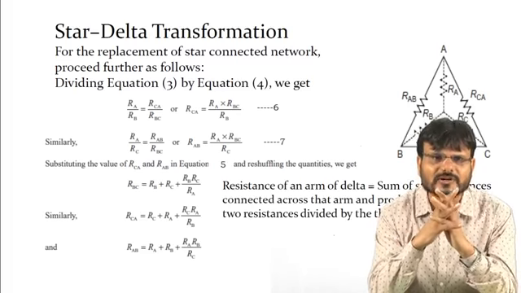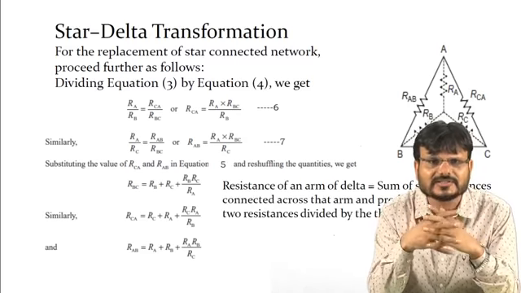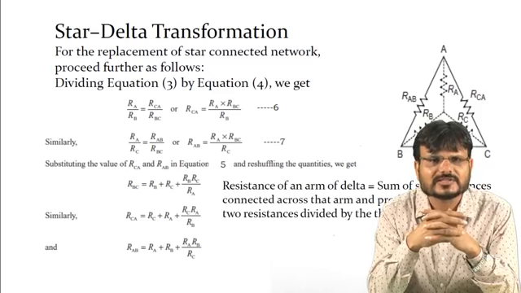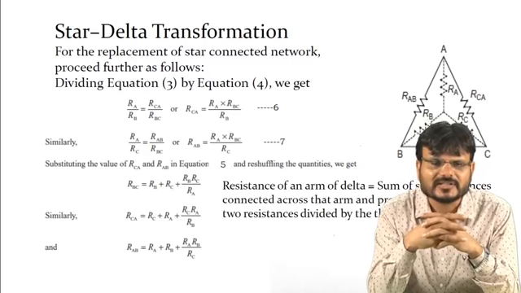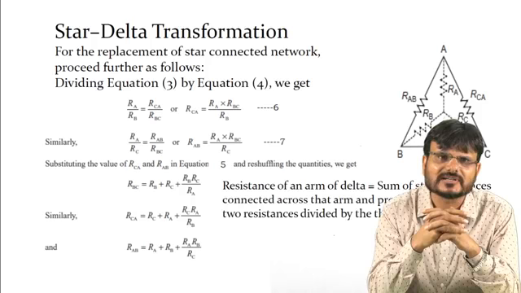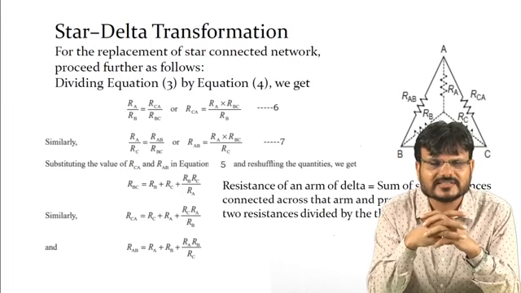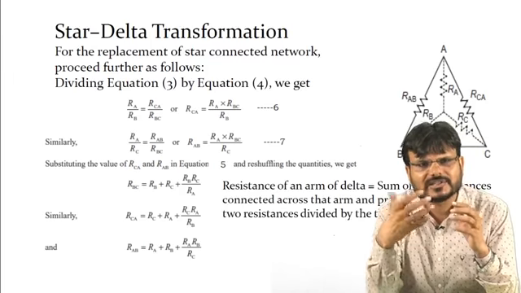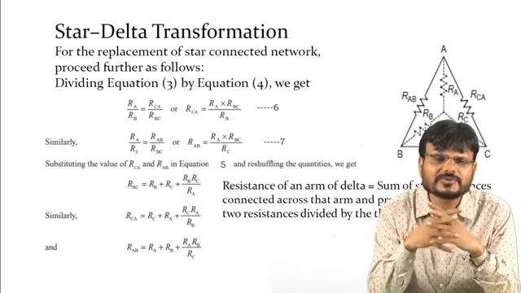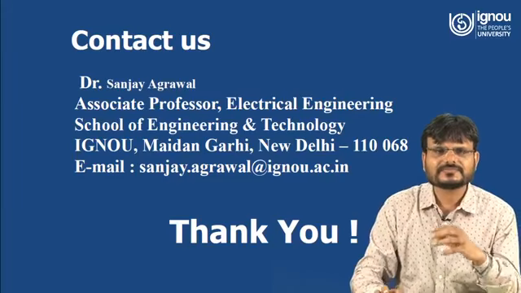This is all about this particular lecture. In this lecture, we have discussed series connection, parallel connection, nodal analysis and mesh analysis, and how we can convert star into delta and delta into star connection. Thank you so much.